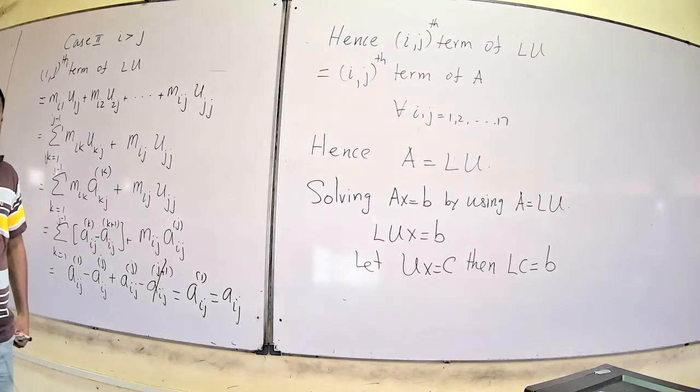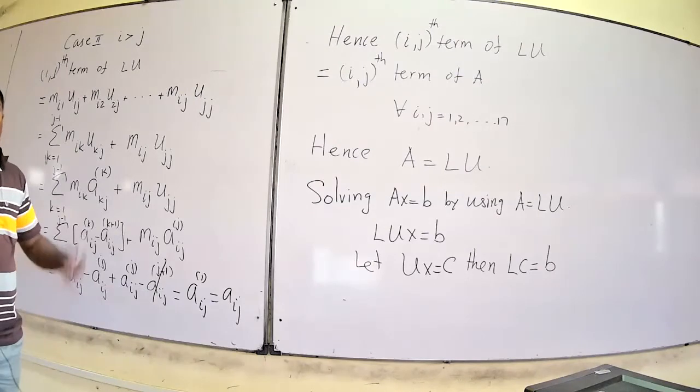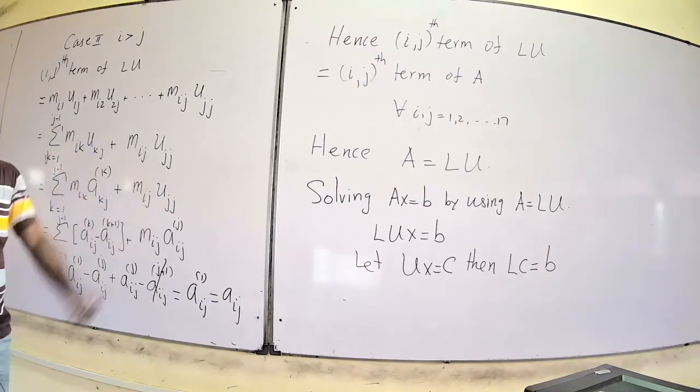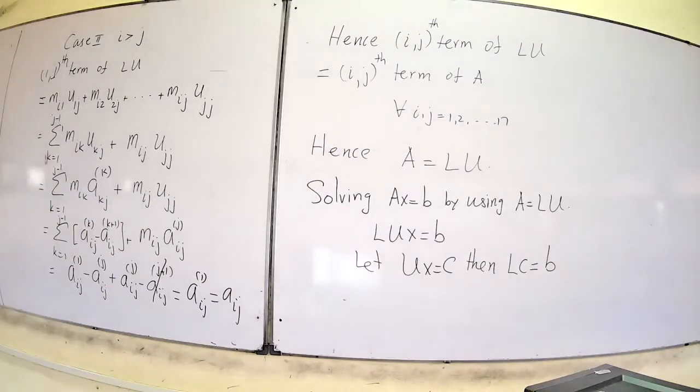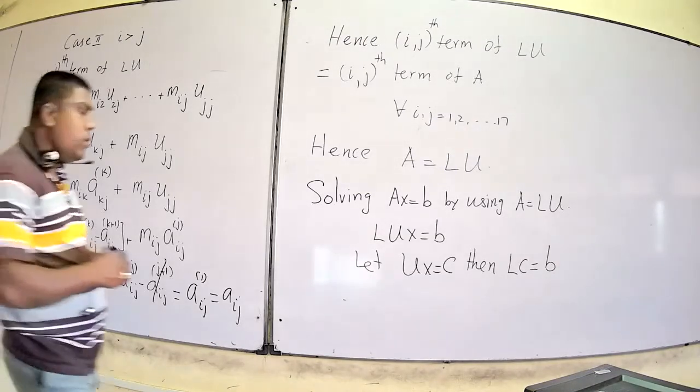L times C is equal to B. So you have two systems, one an upper triangular system and then a lower triangular system.